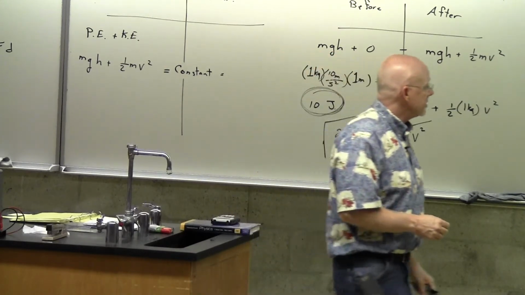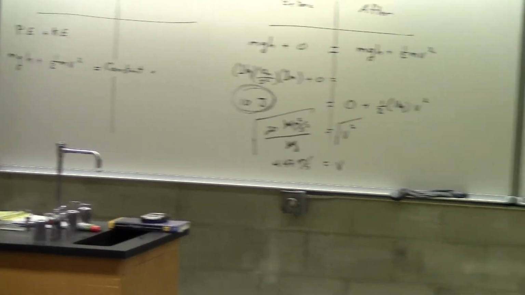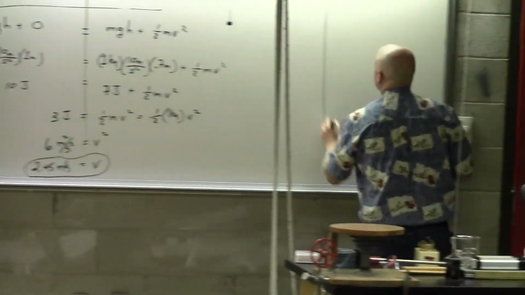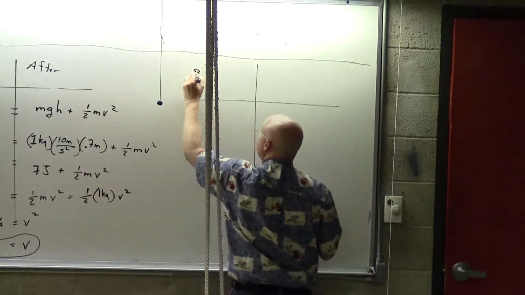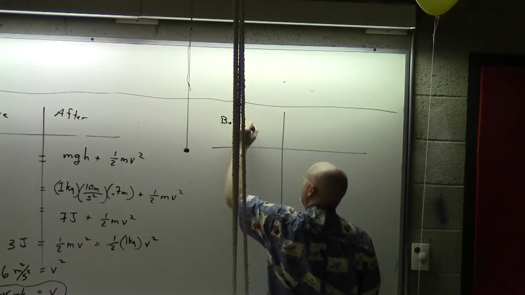And so if I did it this way, and said, all right, let's look at the motion from the very beginning, when it's at the top of the table, to all the way to the very end where it has not only hit the floor, but it's sliding across the floor, and it has come to a stop.